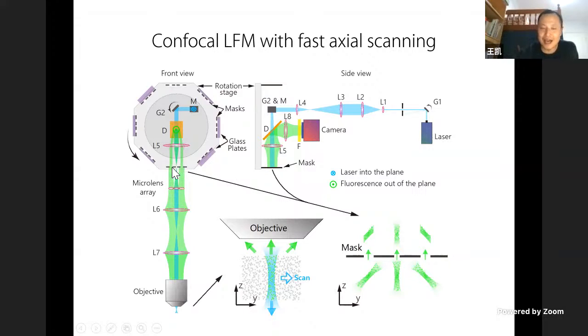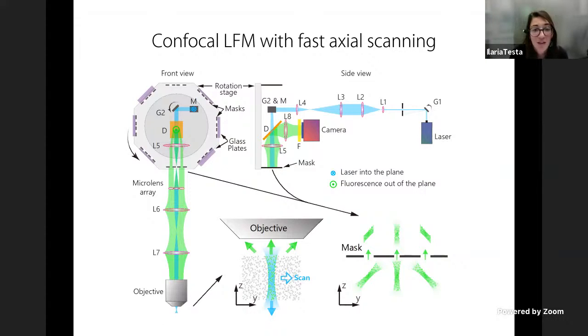But in the alignment mode, we put the camera here and directly measure what those beads look like on the camera. That information tells you very precisely what happens when you're imaging real samples, and where you should put the mask, because we put the camera here to measure what it should look like.